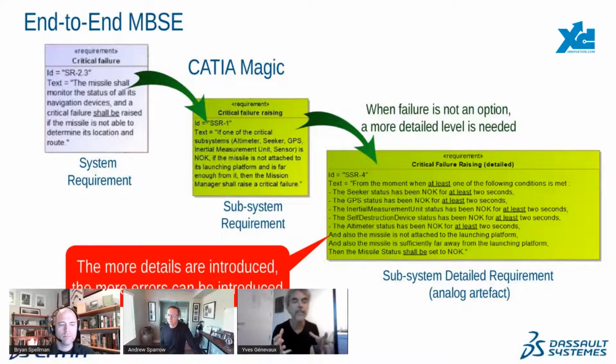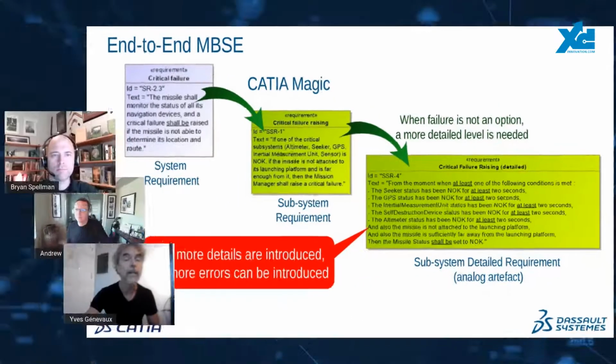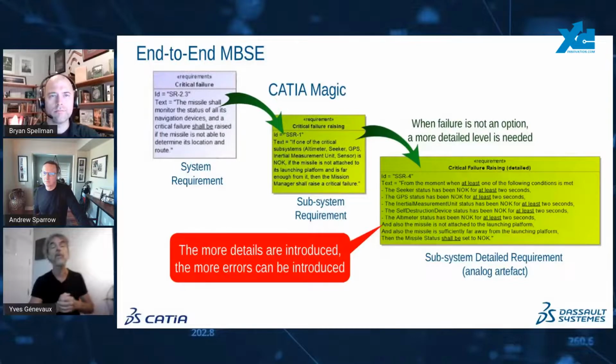The kind of sentences you write are reasonably abstract because the model, the elements you're working on, is pretty abstract as well. It is normal at the beginning of the process. And so when you look at one of these sentences like here, in the middle, the subsystem requirement, there aren't many opportunities to inject mistakes there. So that's okay. Natural language is okay.